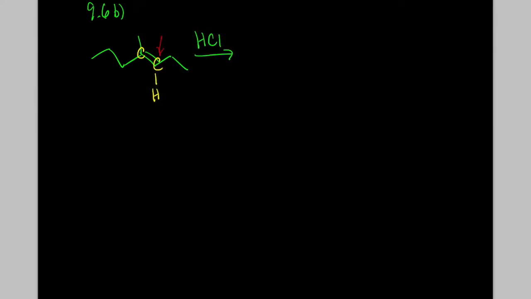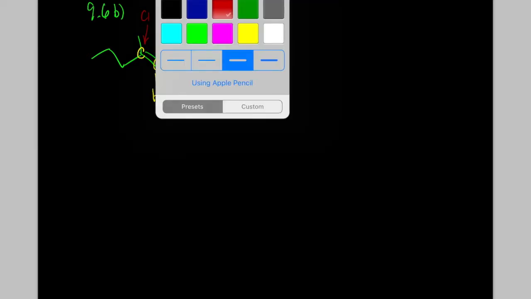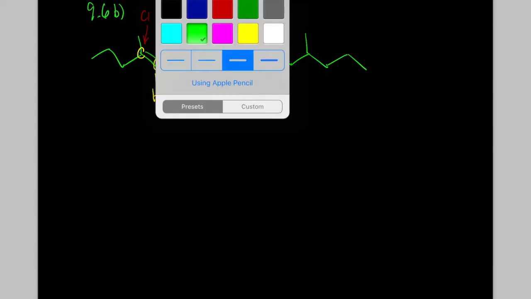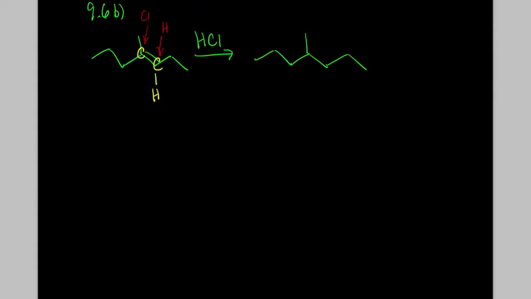So identify which carbon is going to pick up the hydrogen, which carbon is going to pick up the halogen. Okay. Step 4, draw the carbon framework, just the sigma bonds. Step 5, draw in a hydrogen, draw in the halogen.